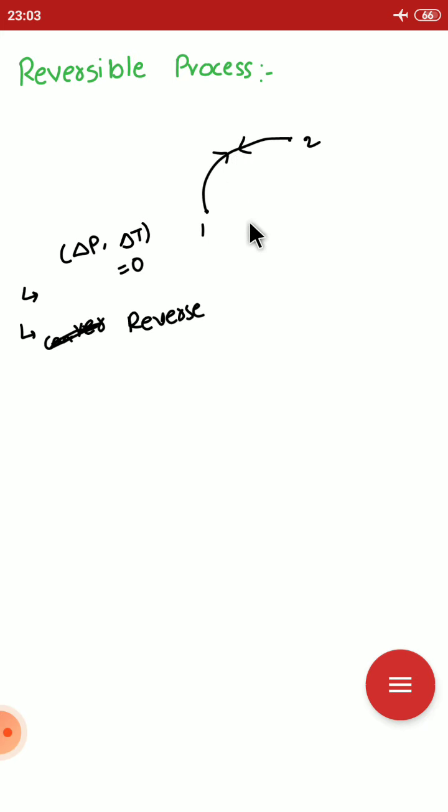It should be reached to its initial position. That is the criteria for the reversible process. We will see the examples of the reversible process. Examples of the reversible process are the extension of spring.